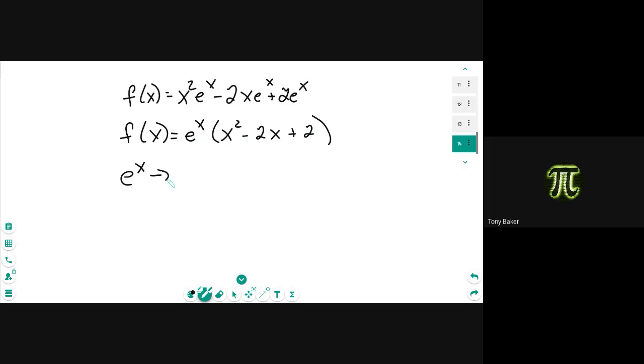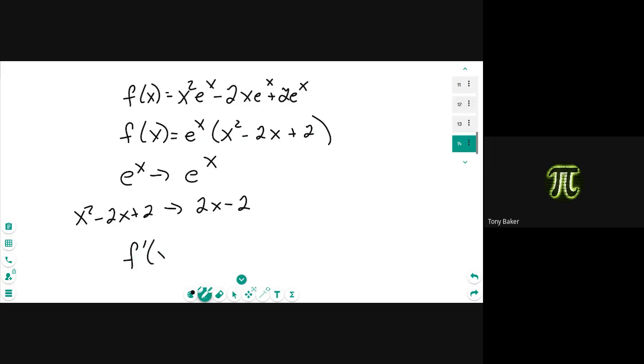So e to the x goes to e to the x. x squared minus 2x plus 2 goes to what? 2x minus 2. All right.